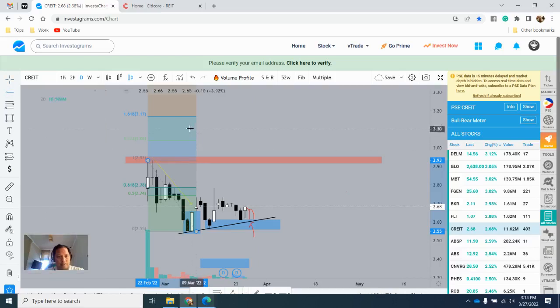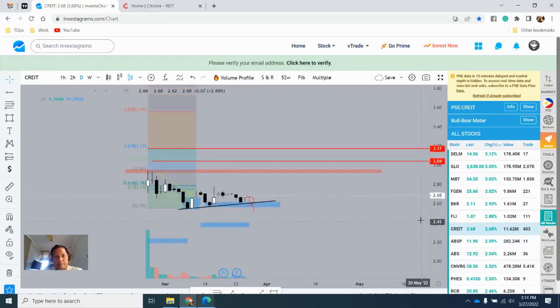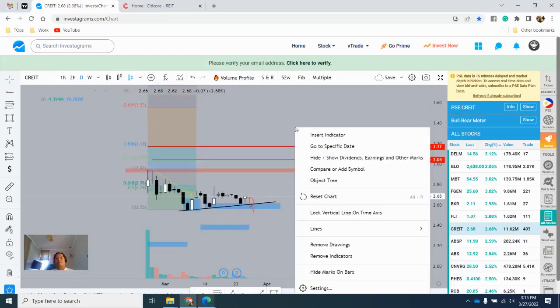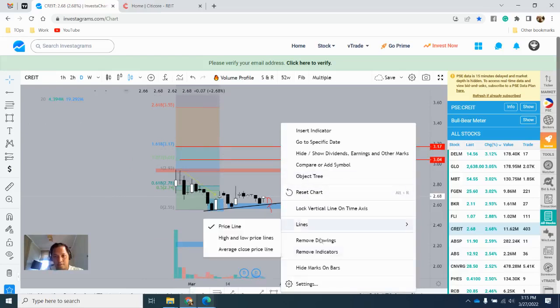So I will add two more take profits: 3 pesos per share and 3.17 pesos per share for CREIT. At the moment the first target profit is around 10% from the current price, the next is 13.5% and then 18%. For investing purposes, I would also recommend this as a medium-term to long-term investing opportunity, because the sector is very good and the company is also very good.